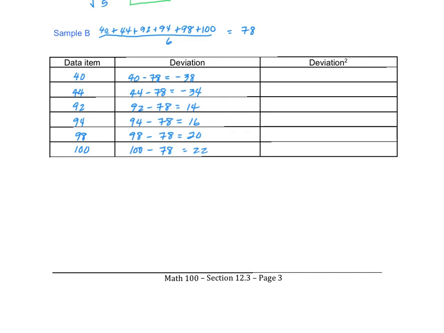At this point, I'm going to take each one of these deviations, the negative 38, and I'm going to square this to get 1,444.